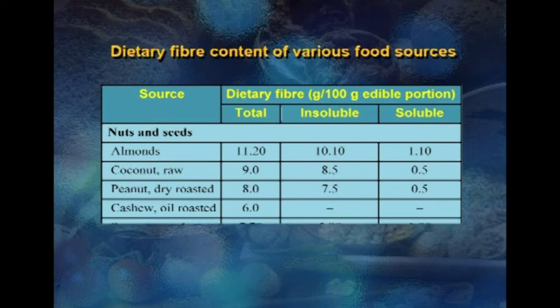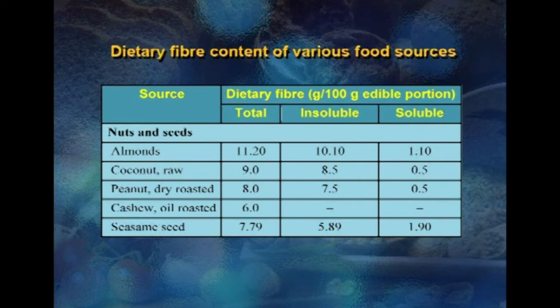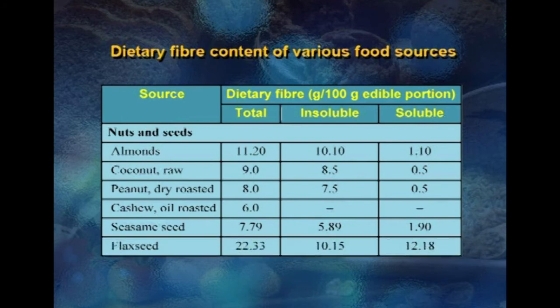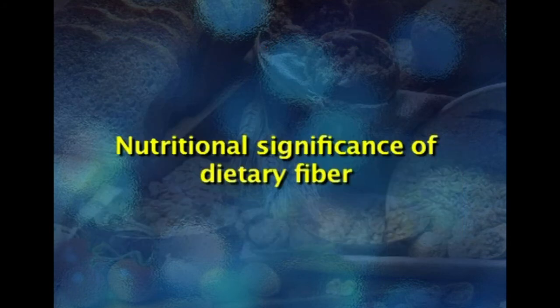We have sesame seeds with 7.79 grams of fiber, out of which 5.89 is insoluble, 1.9 is soluble. We have flax seeds, which are the richest source of dietary fiber with 22.33 grams of dietary fiber, out of which 10.15 is insoluble and 12.18 is soluble dietary fiber.